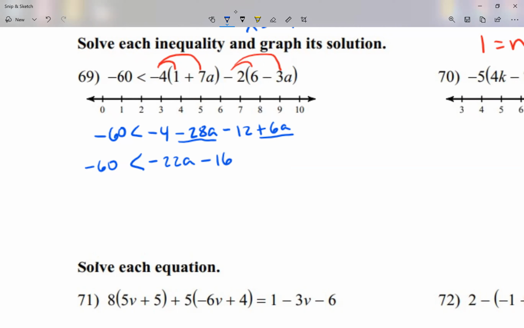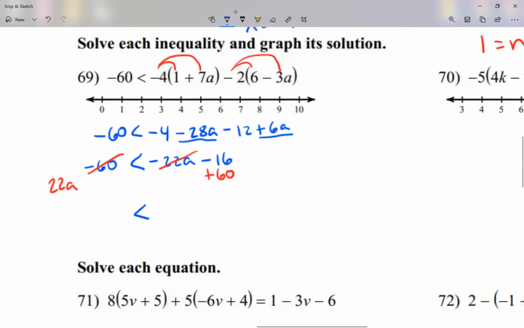All right, for inequalities, I don't have a choice. The letters have to go to the left side. So this negative 22a, let me move it as a positive 22a. And then this negative 60, let me move it over as a positive 60.